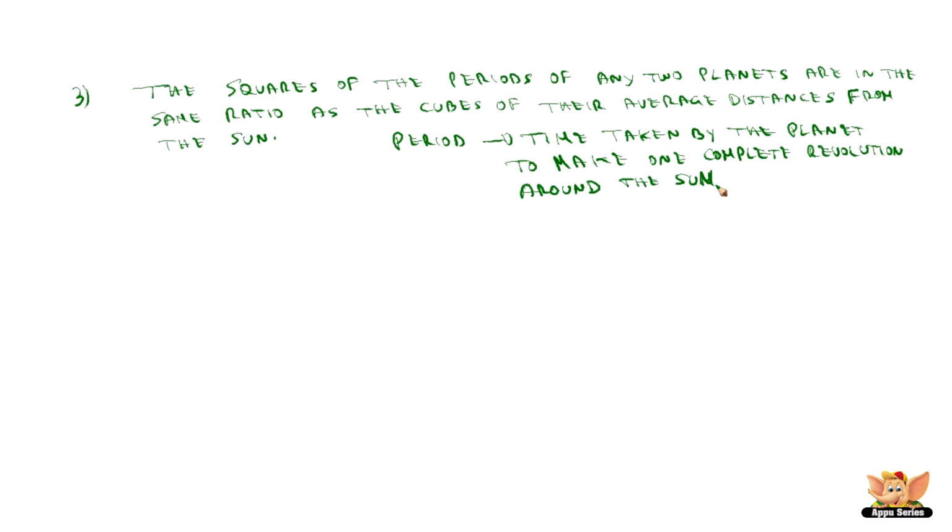What basically this law states is, there is a relationship between the period and the distance between the Sun and the planet.